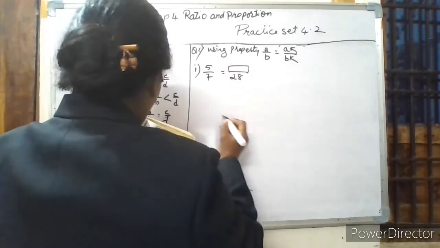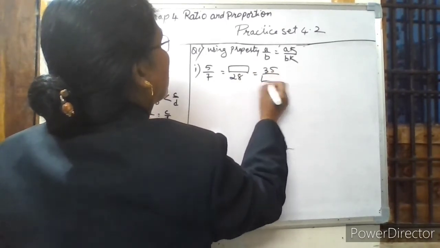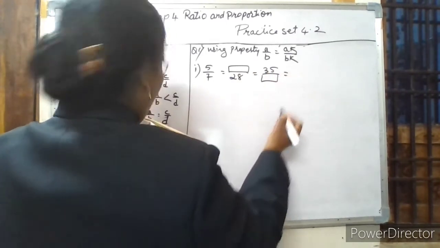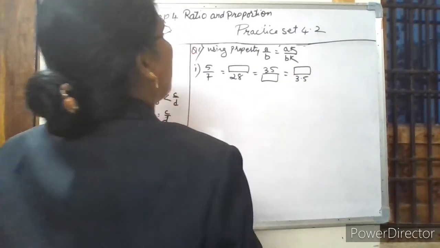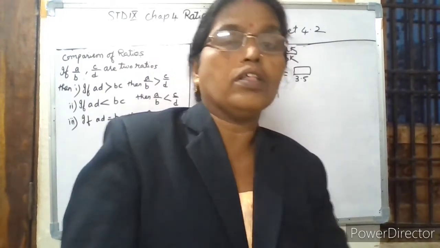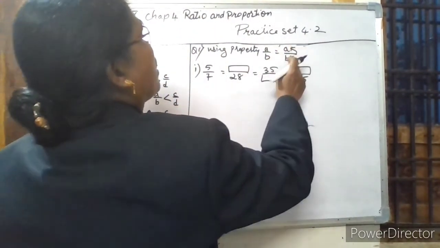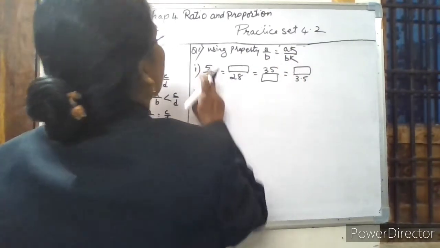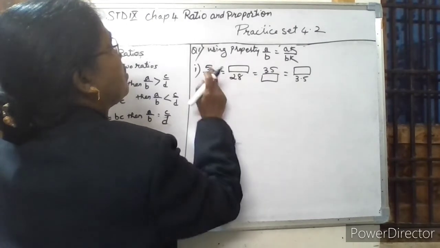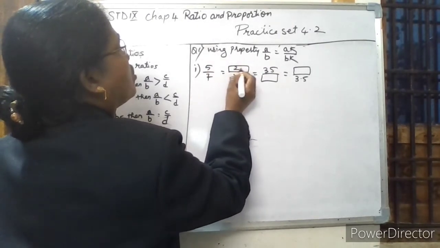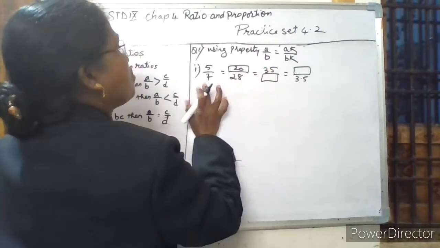This is equal to equal ratios, 35 by the gap, this is equal to 3.5, here also we have to fill up the gaps. Using this ratio, A by B is equal to AK by BK, constant K multiplied to both numerator and denominator. So 7 4s are 28, so 5 4s are 20. This one, 5 7s are 35, so 7 7s are 49.